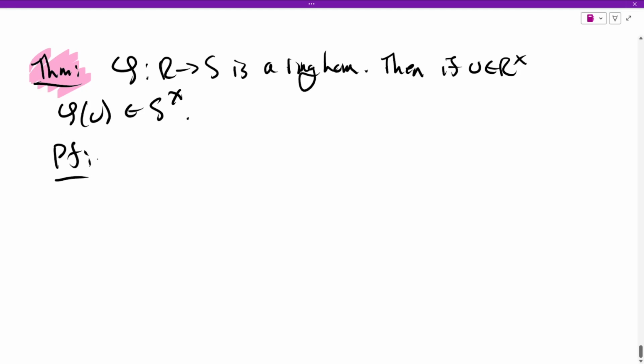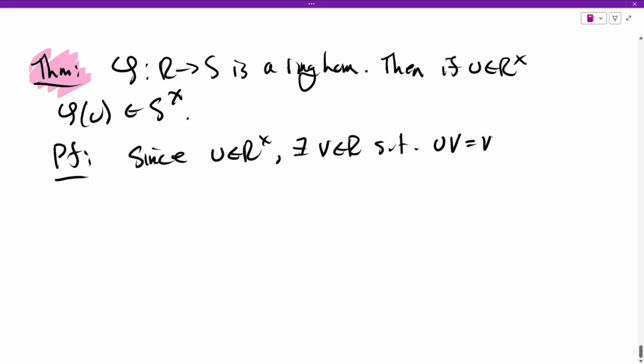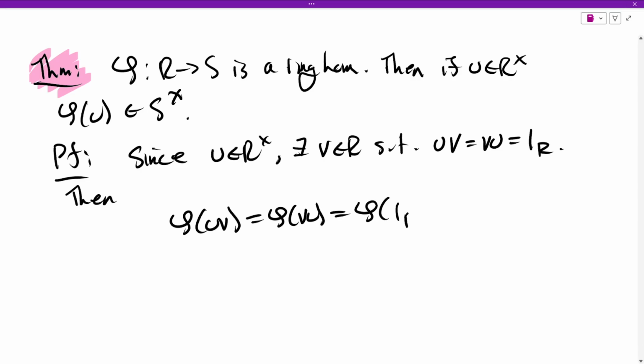Proof. Well, since U is a unit, there exists V in R such that UV is VU is 1. And again, I'm not assuming commutativity here at all. Then phi of UV is phi of VU is phi of 1. Well, phi is compatible with, or preserves, multiplication.